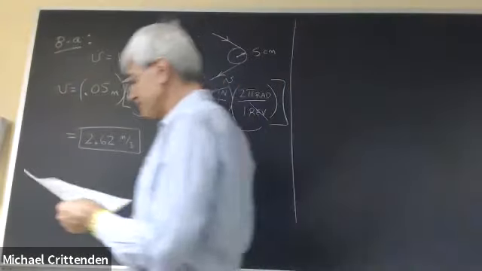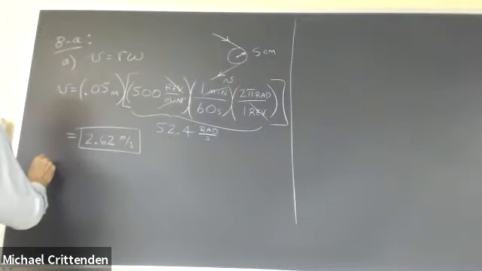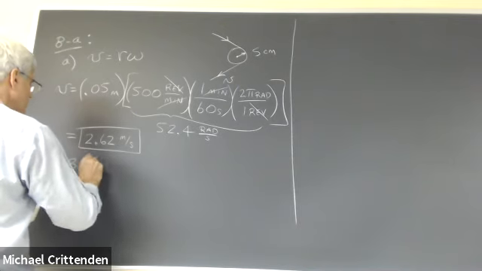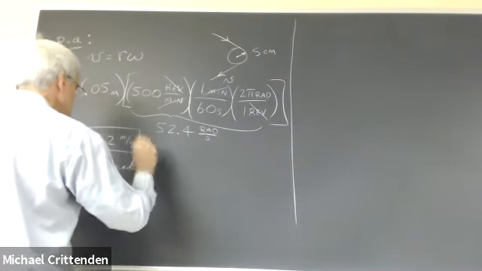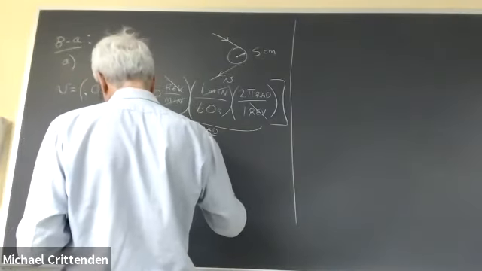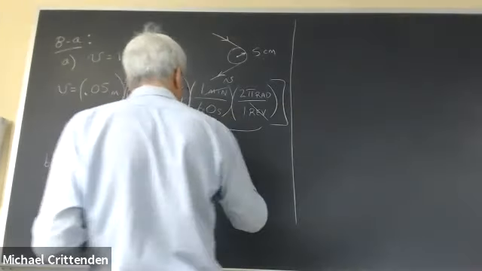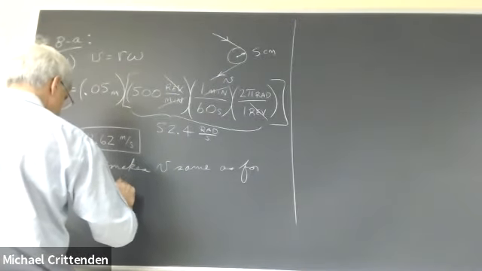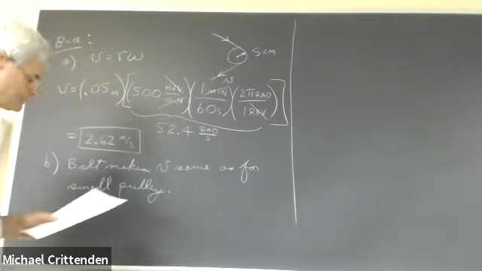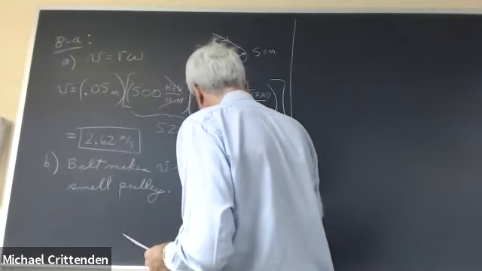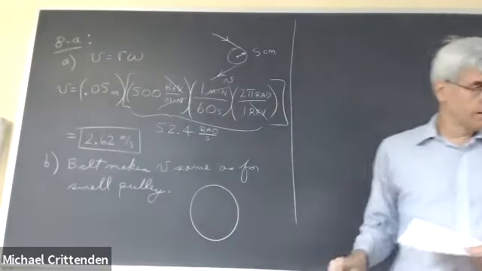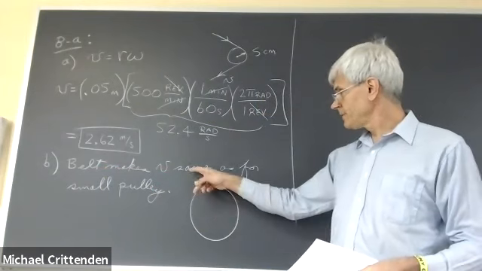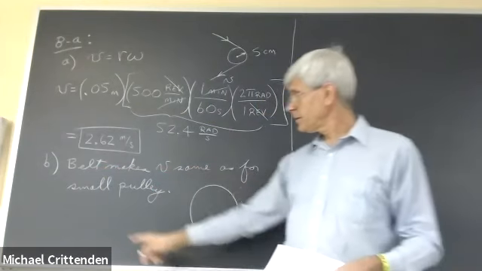Part B, I suppose I should have labeled this Part A, Part B. The belt makes V, meaning V for the large wheel, the same as for the small pulley.